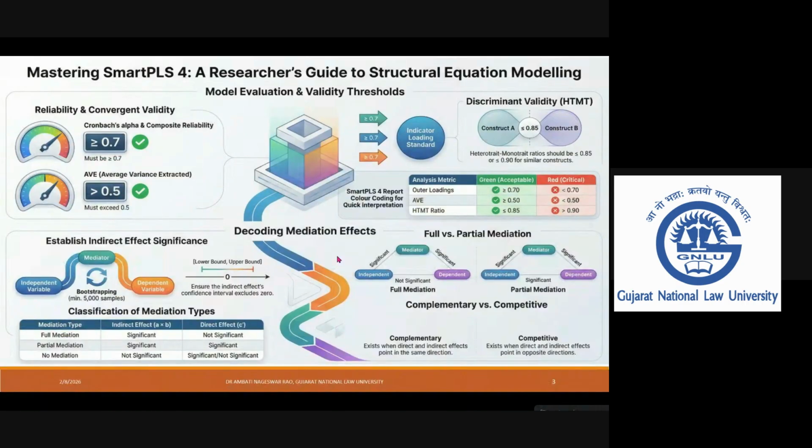As a part of the measurement, we are going to talk about the reliability test and the validity test, within validity, discriminant validity and convergent validity, then the structural assessment model, then mediation. Within the mediation, we'll talk about the direct effect, indirect effect, and total effect. So there are different types of mediations we have, and we'll see them one by one.